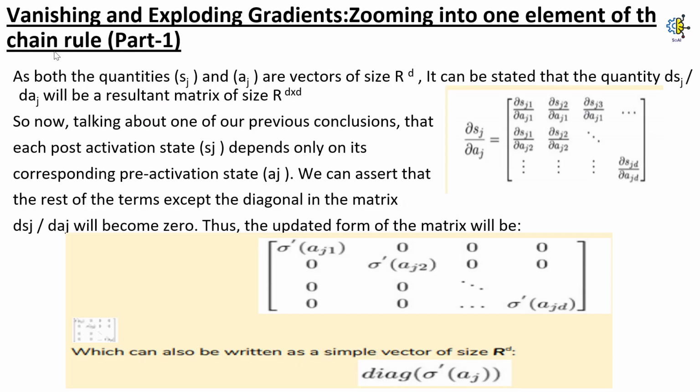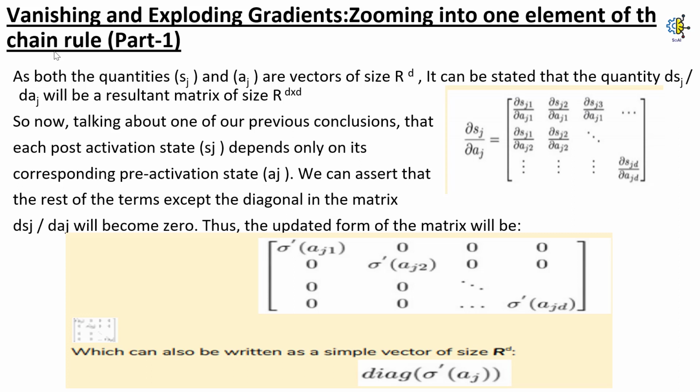As both Sj and Aj are vectors of size R to the power d, it can be stated that the quantity dsj by daj will be a resultant matrix of size R to the power d by d. So now, talking about one of our previous conclusions that each post-activation state Sj depends only on its corresponding pre-activation state Aj, we can assert that the rest of the terms except the diagonal in the matrix dsj by daj will become 0.